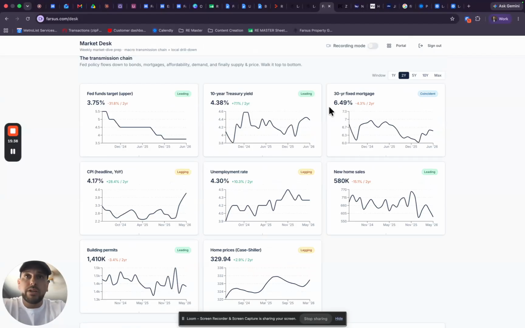So if mortgage rates go up, then the number of people who can afford to buy, or who are able to get into the housing market as buyers, is going to go down, right? And when mortgage rates go up, that means the number of buyers is going down, which means demand is going down. And as demand is going down, that sends prices down, right?